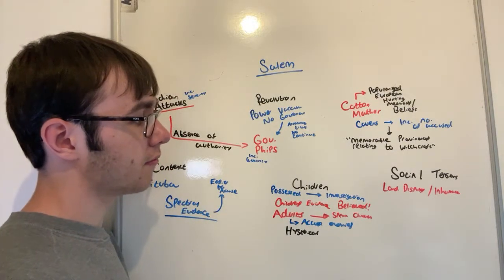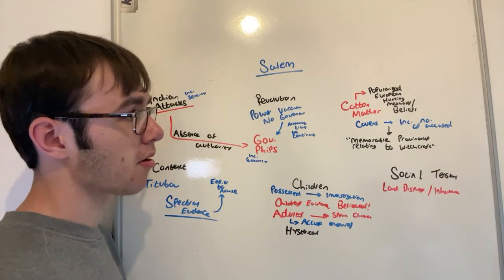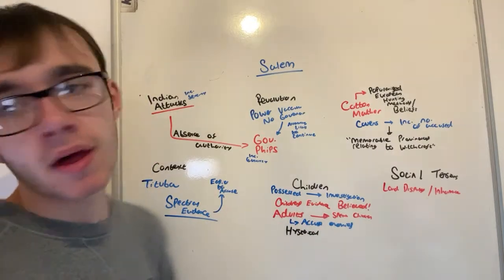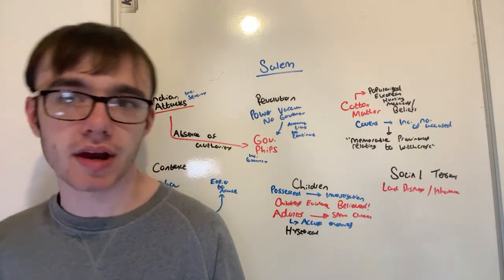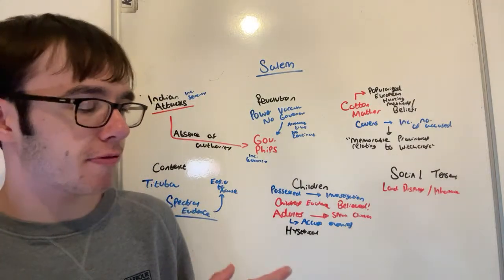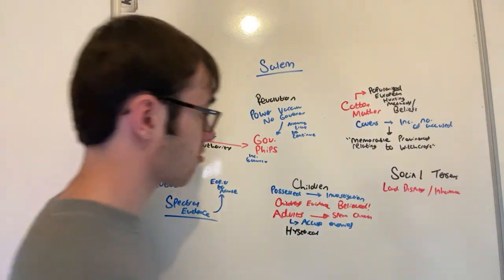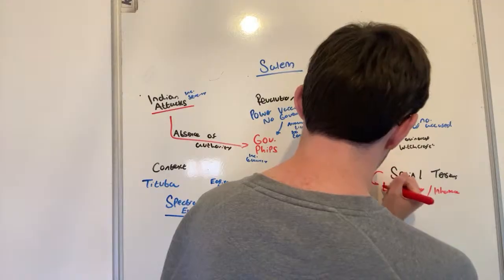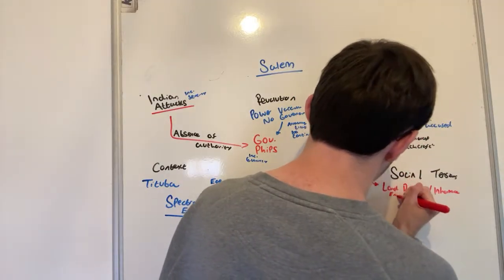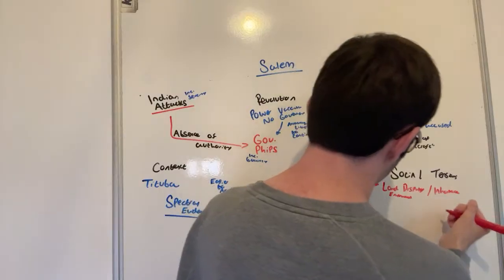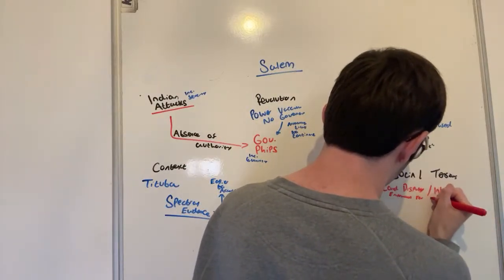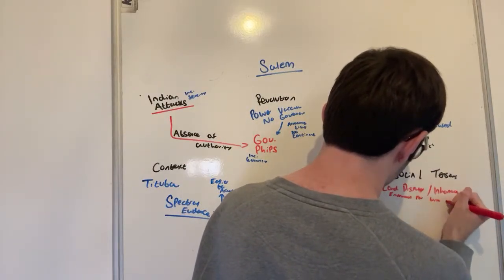The idea that there were literally personal feuds due to petty land disputes, inheritance. It created an environment where people would be finger blaming because of the high tensions. So high social tensions created a perfect environment, and that's a great word to use, created a perfect environment for witch accusations.